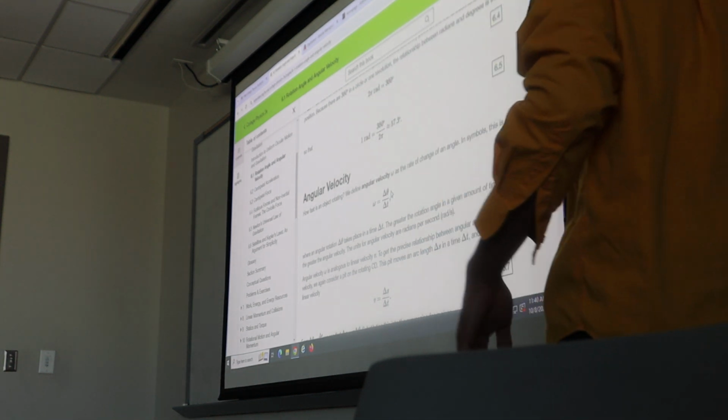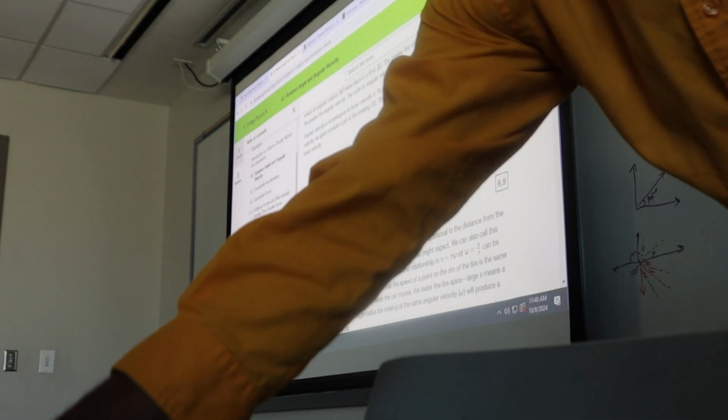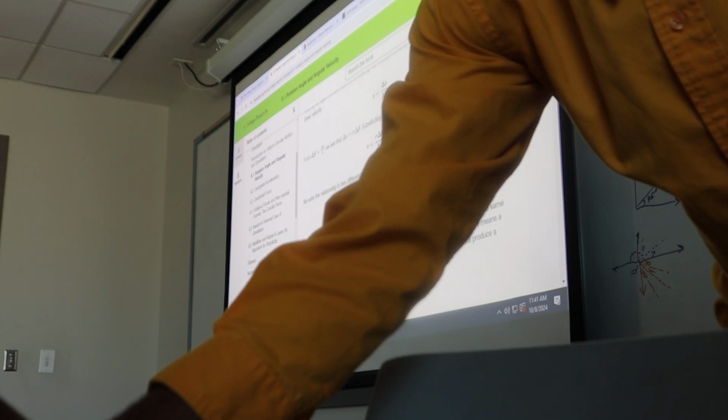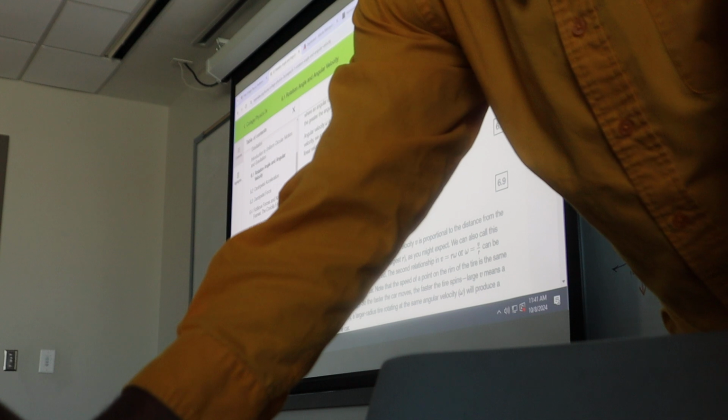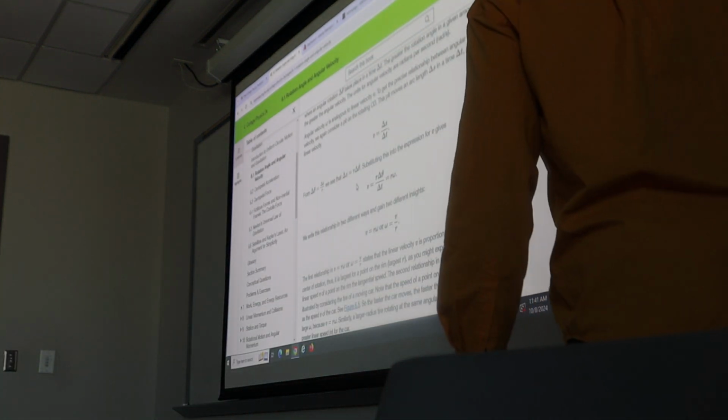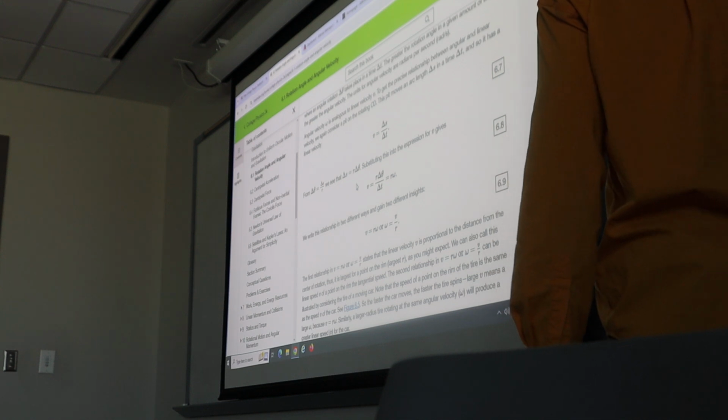The linear velocity is there. So now I can see my linear velocity: V equals R omega.